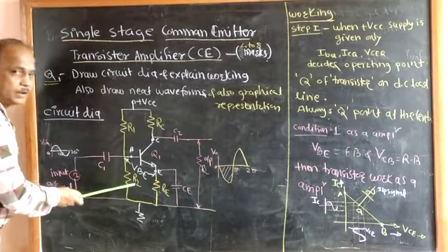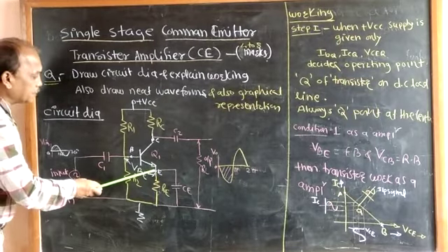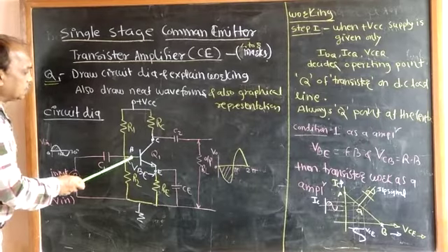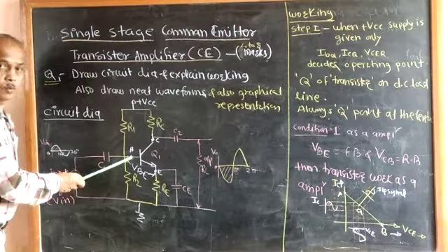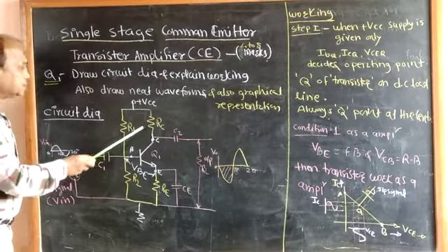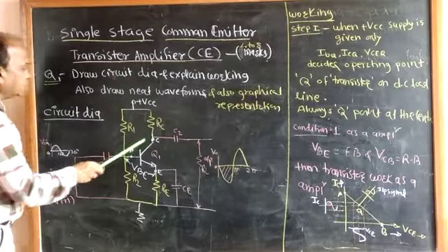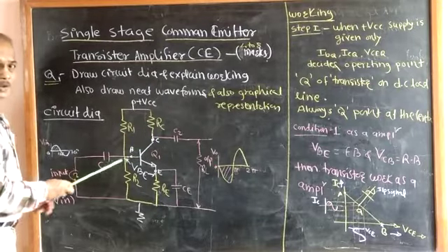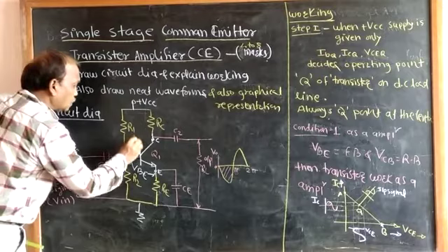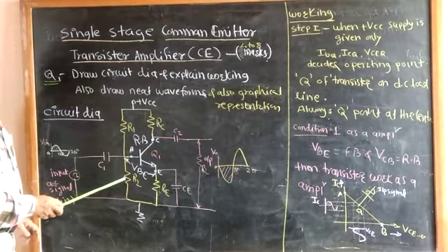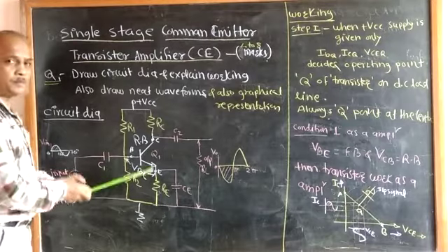Due to this voltage, the base emitter junction is always kept in forward bias. Similarly, due to the plus VCC supply, the collector base junction is always in reverse bias.